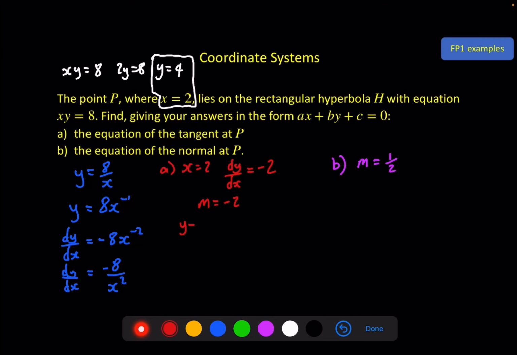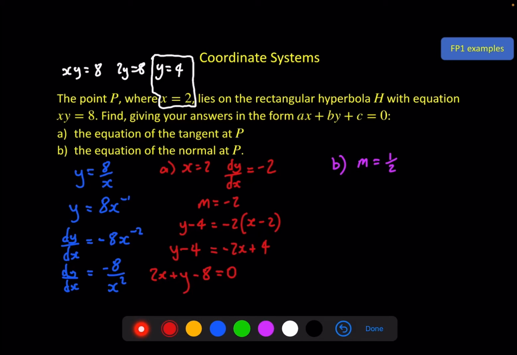So y minus y1, which is 4, is equal to minus 2 times x minus x1, which is 2. And we want it in the form ax plus by plus c, so I need to rearrange this a little bit. We've got minus 2x plus 4. So we have 2x plus y minus 8 equals 0. And that is the equation of the tangent.